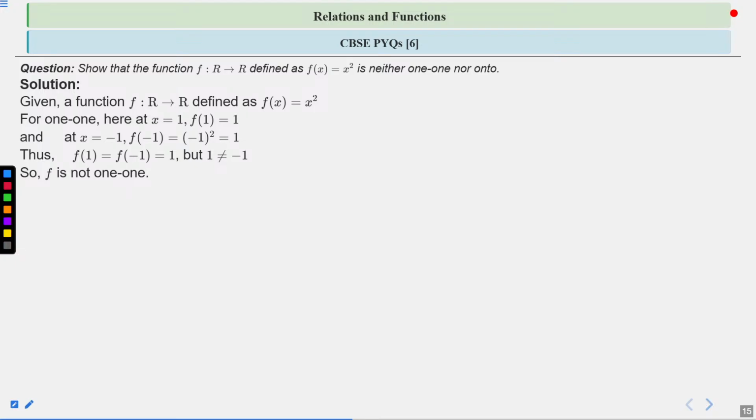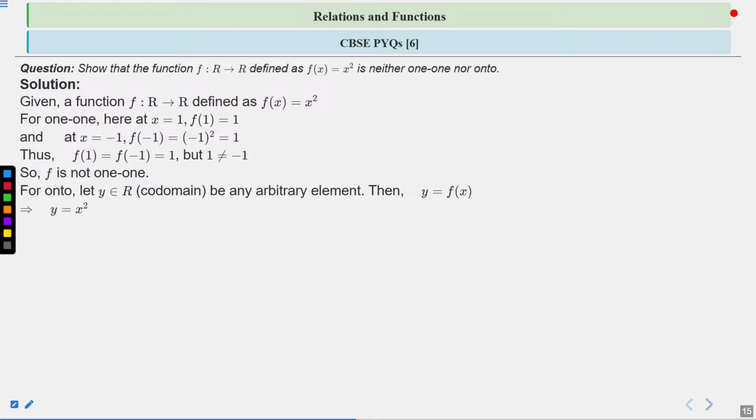Now let us see whether it is onto or not. So what is the condition of onto? For onto, codomain should be equal to range. Here its codomain is all real values, but range. See, for onto function, let y belong to R, the codomain, be any arbitrary element. Then y is equal to f(x).